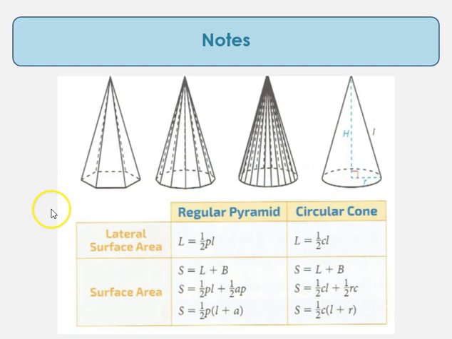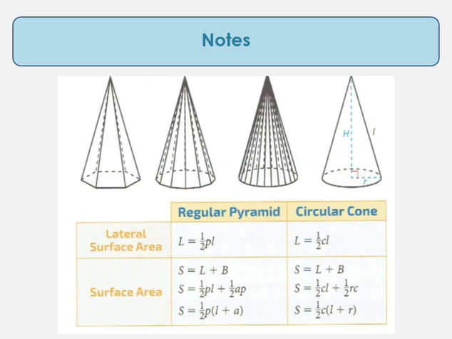And here's an example. Take a look on the left here at this pyramid. As we move from left to right, you can see that we have more and more lateral faces. They're smaller, and as we add lateral faces, the base gets closer to becoming a circle.